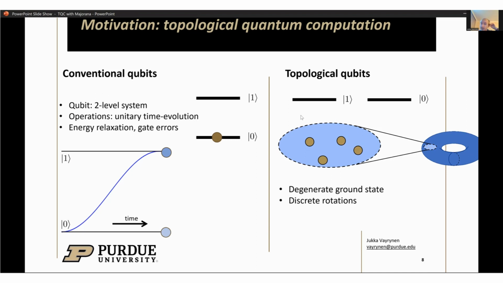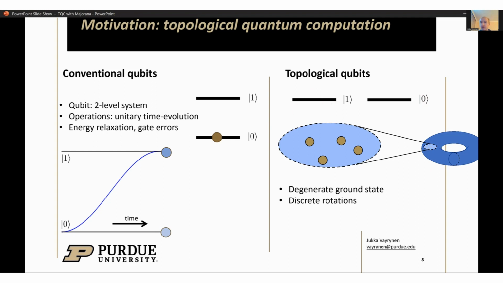And these anionic excitations mean that there is a degenerate ground state in this topological phase. For example, in this energy level diagram, I have two ground states, which are 0 and 1. And because they are degenerate, there's no energy relaxation.